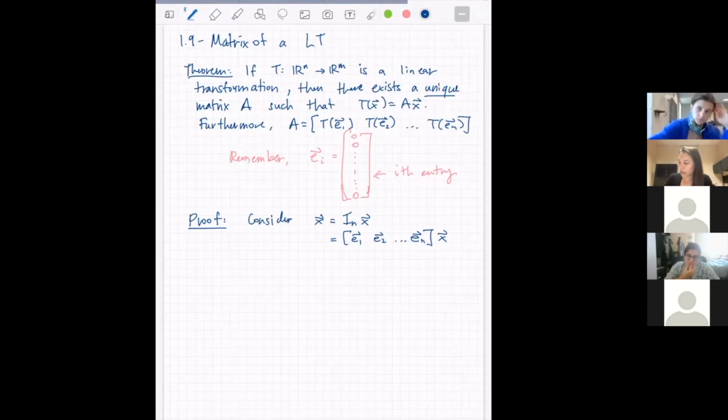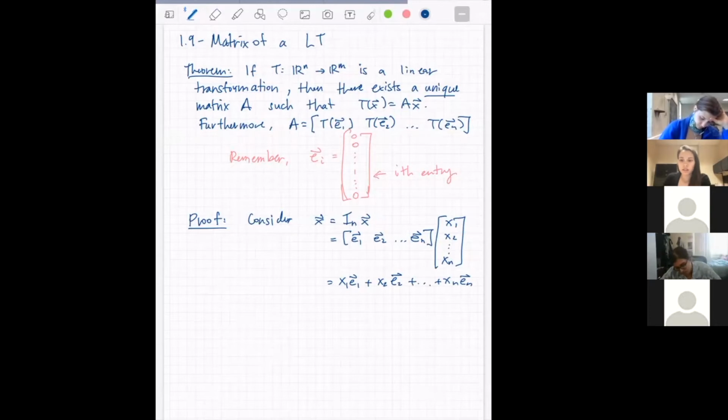I'll write X as a vector with entries x1 through xn so we can see this more clearly, and then we can expand this out to be x1 times e1, x2 times e2, up to xn times en. So we just write it as a sum of vectors.